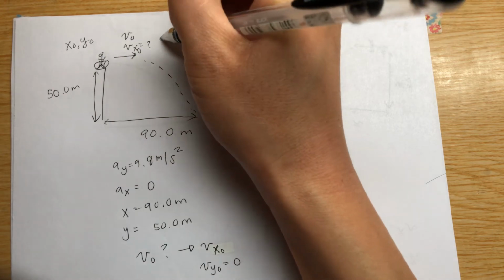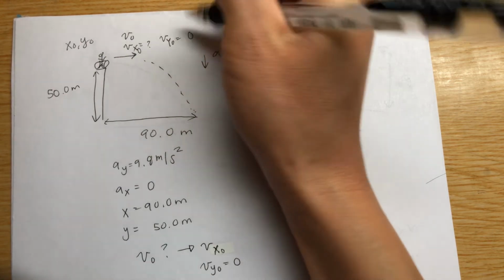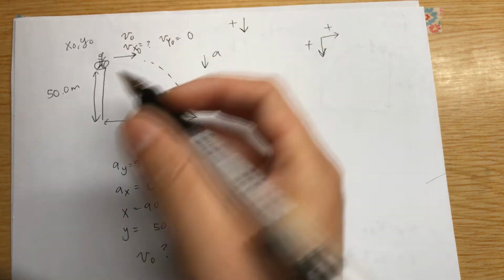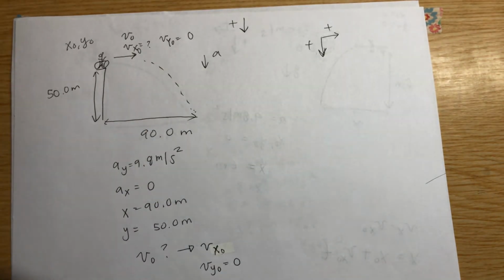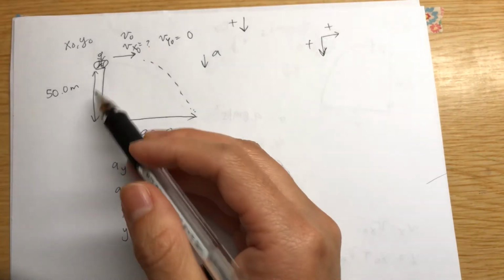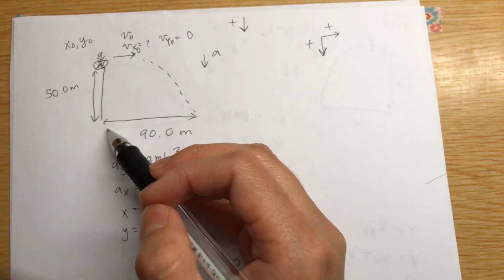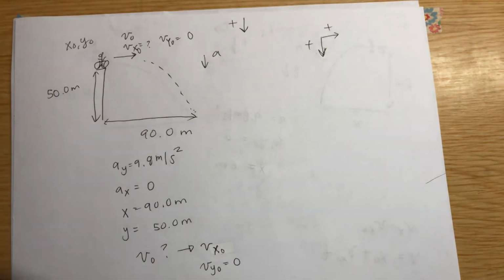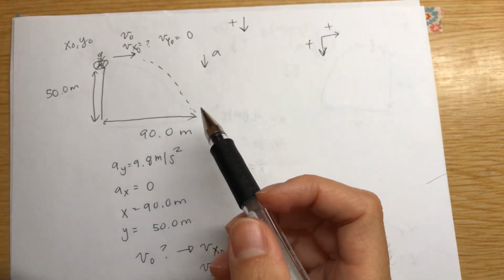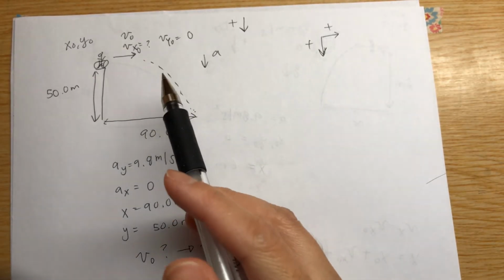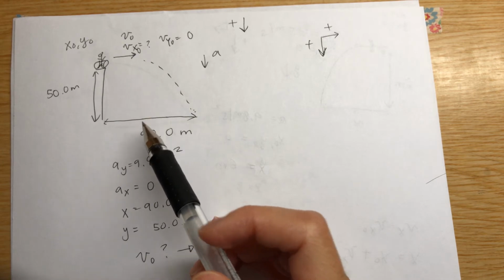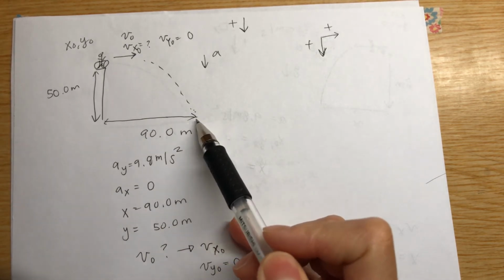We know that Vy naught is 0. There's no vertical speed, it's just horizontal speed. It's a 50-meter high cliff, and 90 meters from the base to get to the cameras.